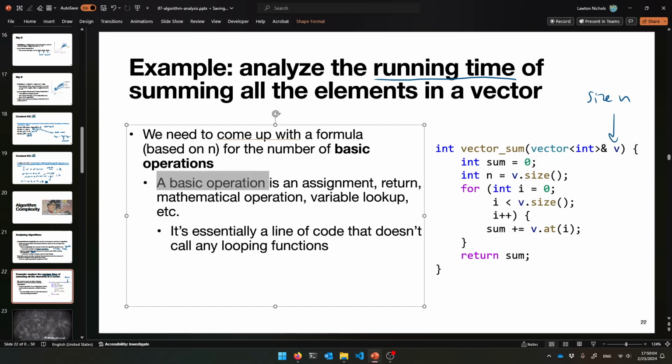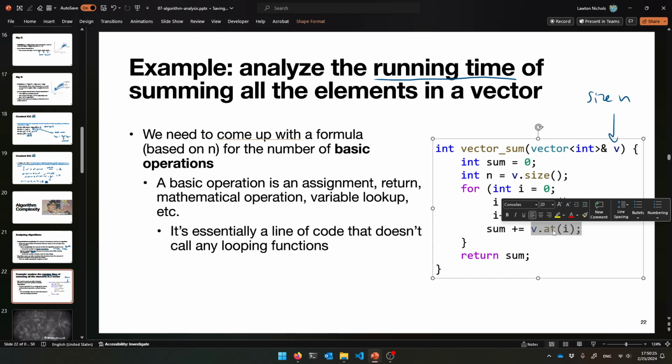Let's say that a basic operation is an assignment statement, a return, any kind of mathematical operation like a plus, a minus, computing an answer, looking up a variable out of memory because it lives in memory, right? Something like that. So pretty much basic operations are just a line of code that doesn't loop or call any other functions. And we can assume that v.size and v.at are constant time things. So those are one basic operation, let's say, right?